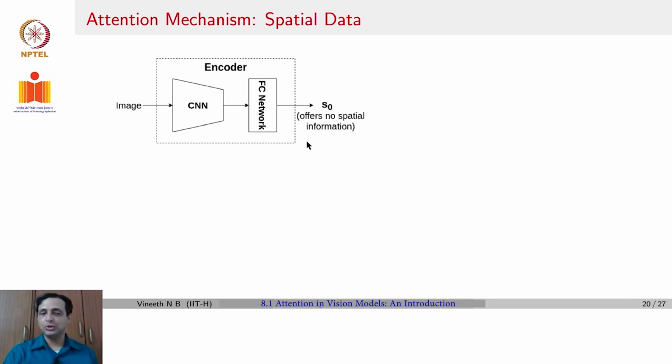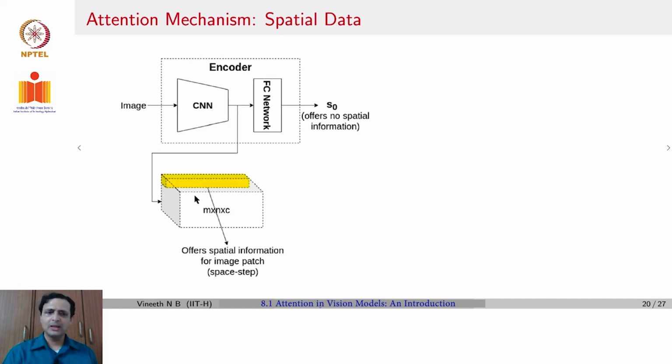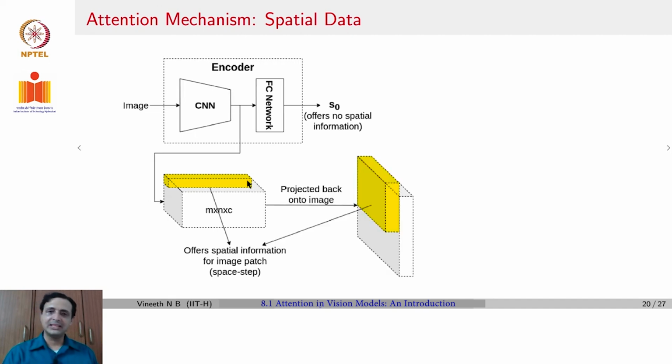So instead of using the fully connected layer, we typically take the output of the convolutional layers themselves, which would give you a certain volume, which let's say is m cross n cross c. Now we know that if you considered one specific patch of this volume m cross n cross c, you can trace that back to a particular patch of the original image which was passed through a CNN.